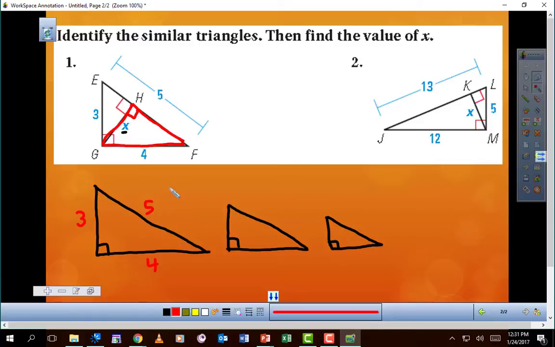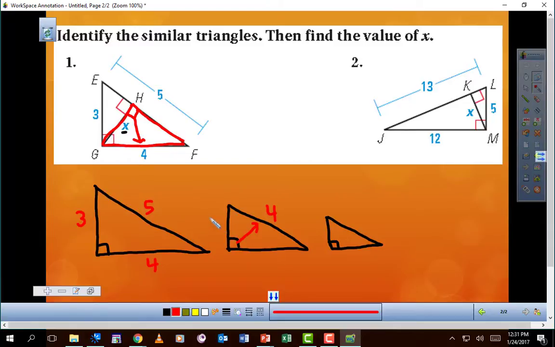You see, this is where it's tricky, isn't it? Some people are saying the bottom, some are saying over here. Remember, this is the right angle, and it's always opposite of the right angle is the hypotenuse. So that means if you go opposite over here, the 4 goes here. Okay? Now the question is then, where does this x go? This x, it's the height from here to here, right?